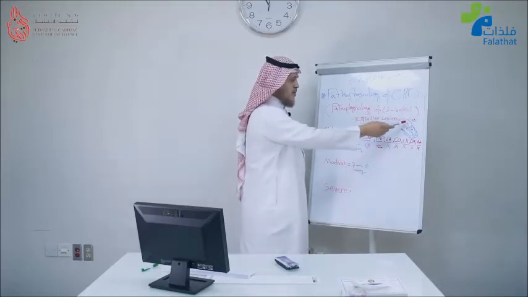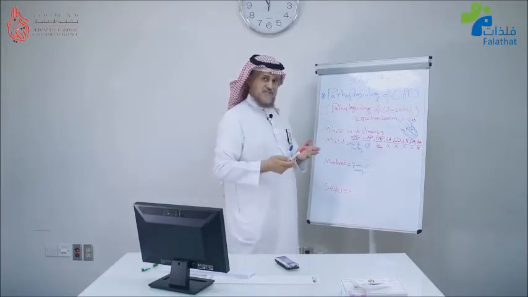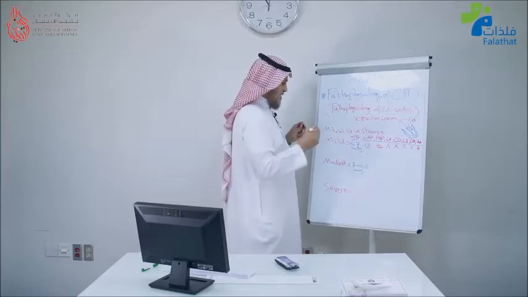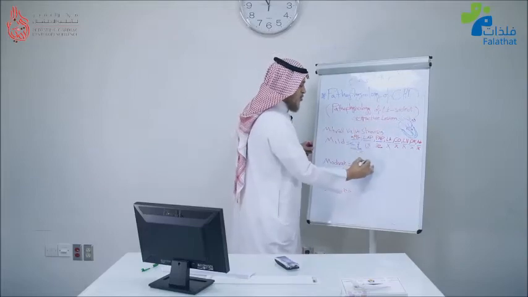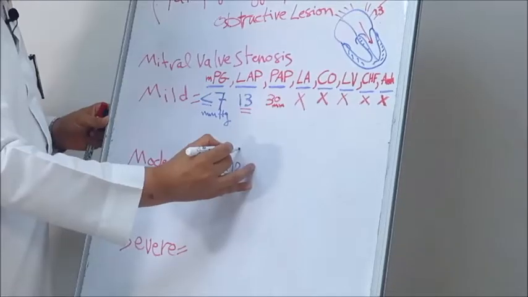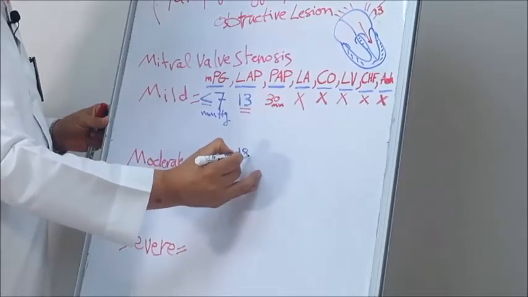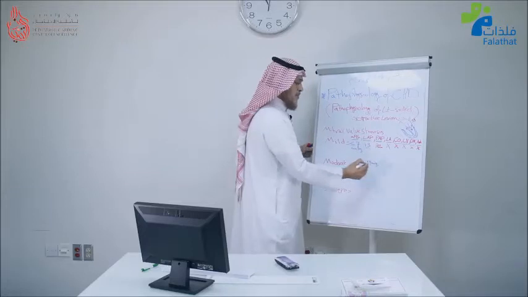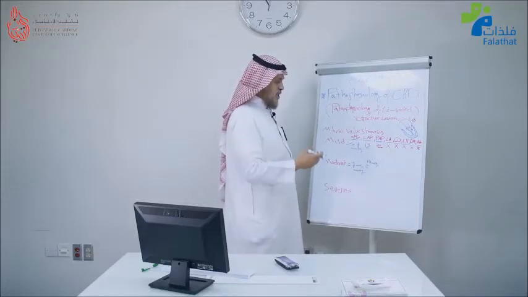So with a mean normal LA pressure of what, 6? Yes, that's what we have said. Then we expect that the left atrial pressure in this patient will be around 18 mean. You see, the mean here will be 18 millimeter mercury, and that's a much higher pressure.